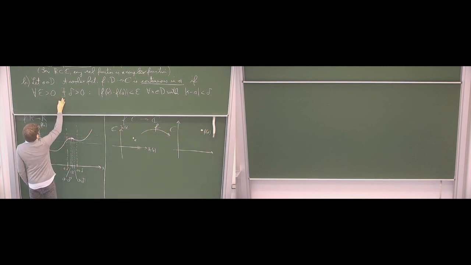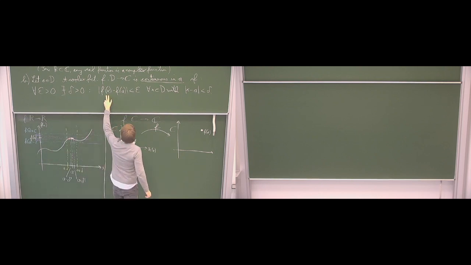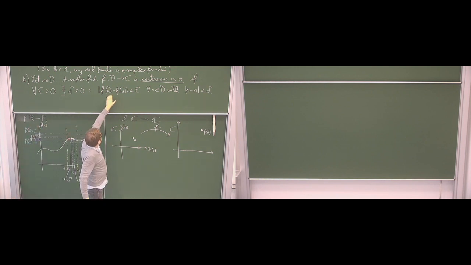So for all epsilon bigger than 0, first of all, we think about this condition. We want the values to be epsilon close to f of a. If we think about this geometrically, I will make this more precise in the next lecture, I think. But here we know that the values have to be epsilon close to f of a.